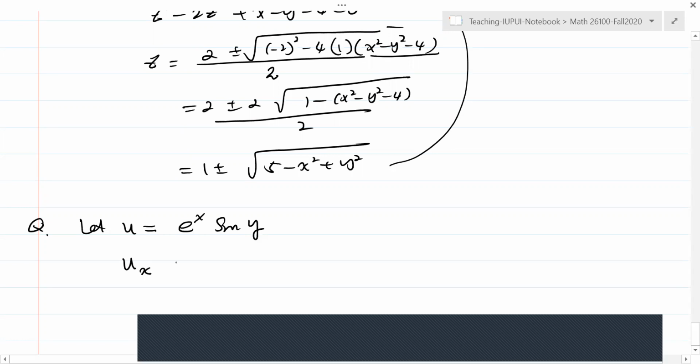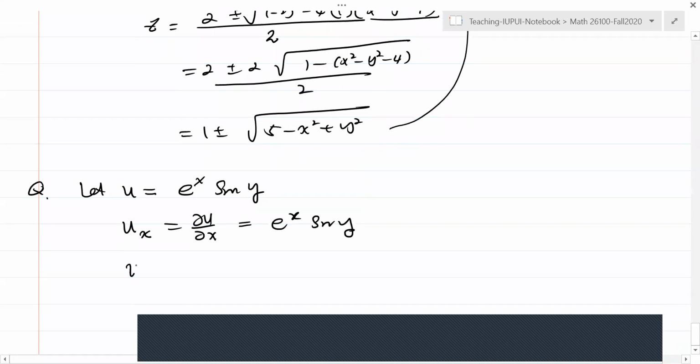This is my notation: u sub x is the partial derivative with respect to x. So I get e to the x sine y, nothing's changed. Then I take the partial with respect to x again, u sub xx, and I still get the same, no change.